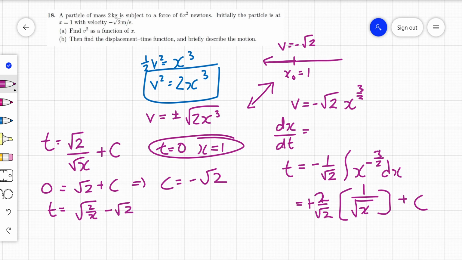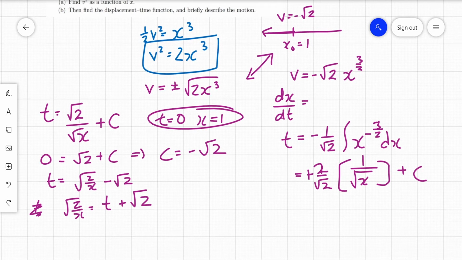We want x, we want the displacement time, so we want x to be the subject of the equation. So I'm going to put root 2 on x, leave it by itself, and put the root 2 with the t there.